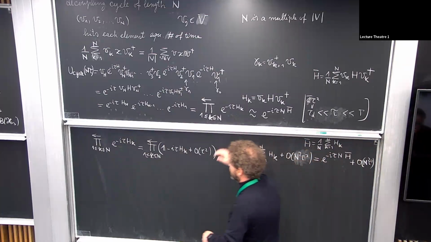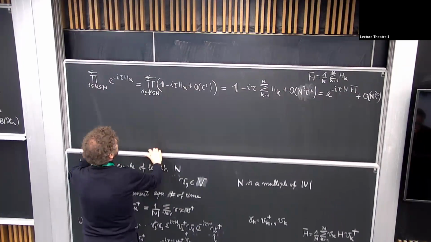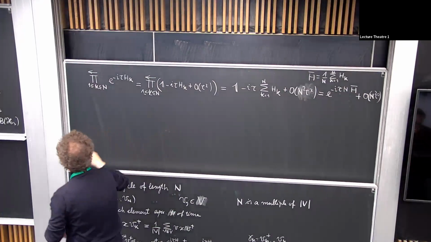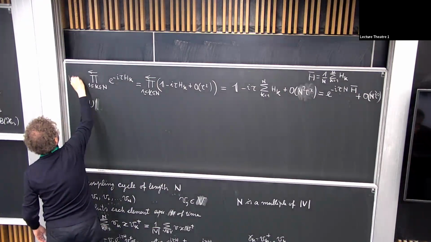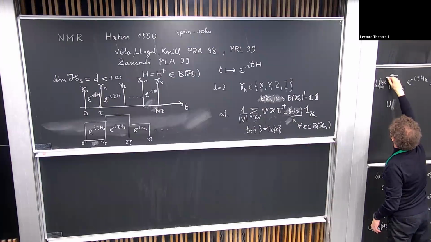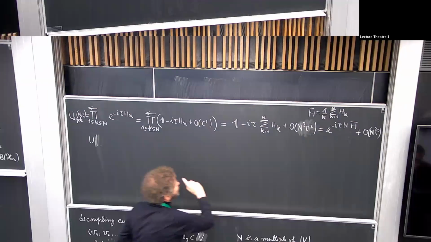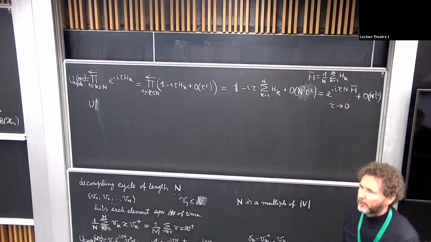Okay. So essentially, what I'm interested in is the following. It's just U cycle for a time n tau. And this approximation is true when tau is small, going to 0.